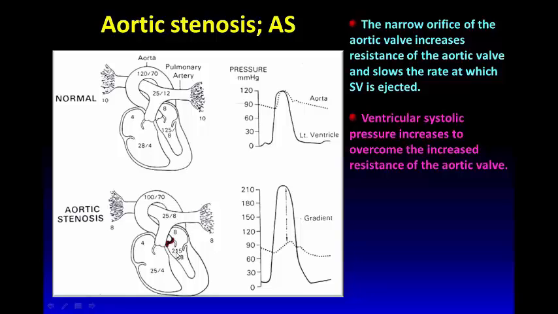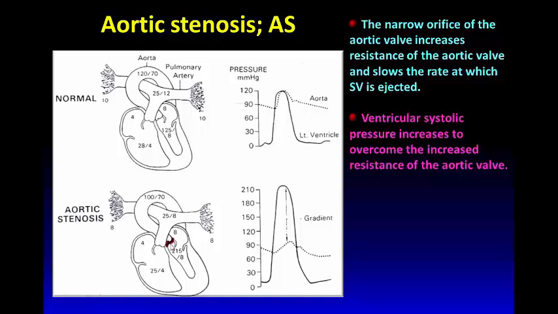So during ventricular systole, the left ventricle should work harder in order to overcome the increased resistance of the aortic valve and eject the stroke volume. However, the ejected stroke volume is obviously lower than in normal subjects with a normal aortic valve.